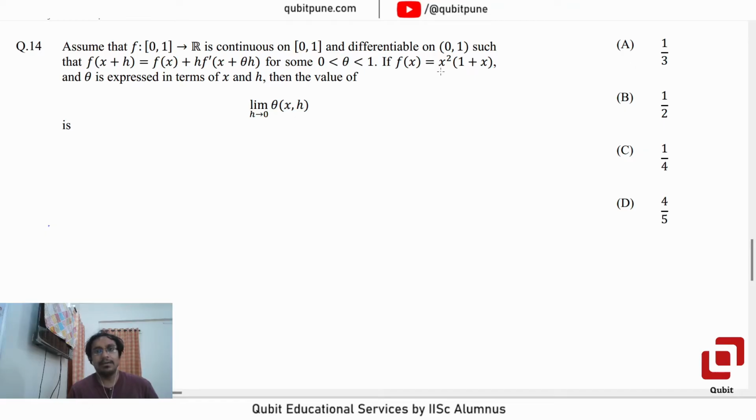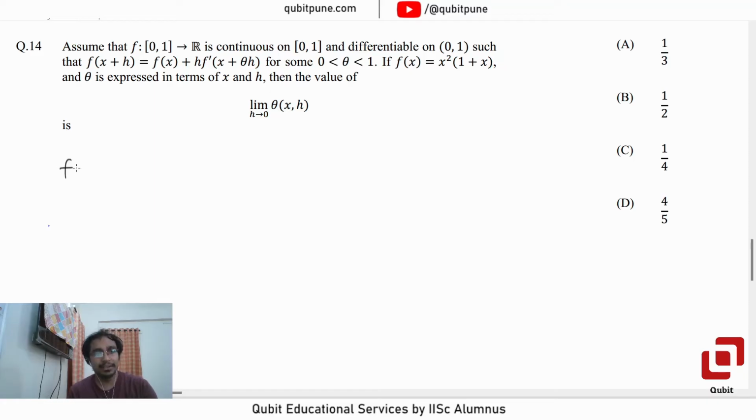If f of x is equal to x squared into 1 plus x and theta is expressed in terms of x and h, then the value of limit of theta as h tends to 0 is: 1 upon 3, 1 upon 2, 1 upon 4, or 4 upon 5.